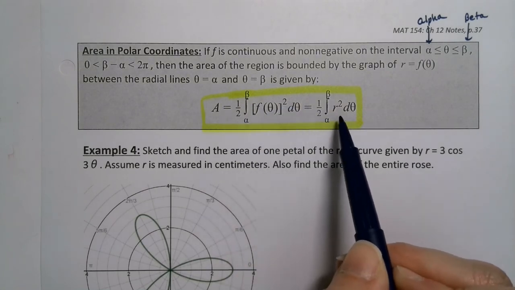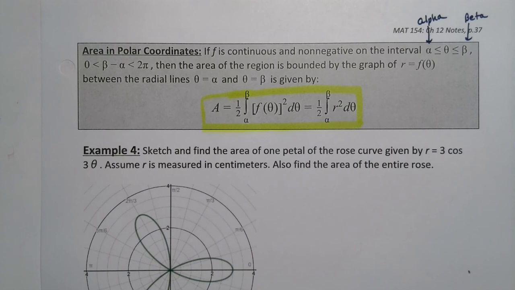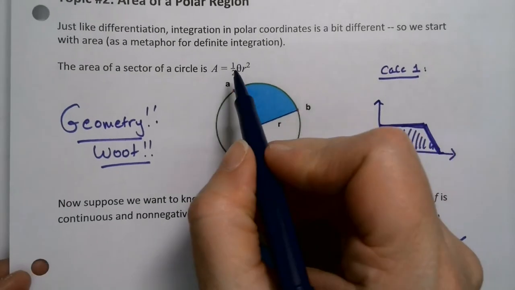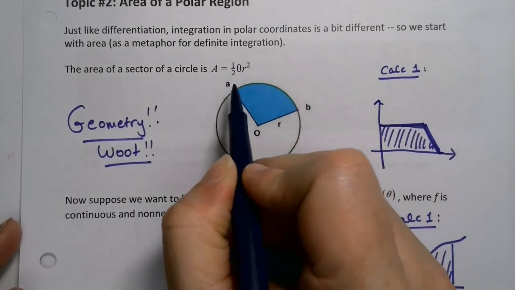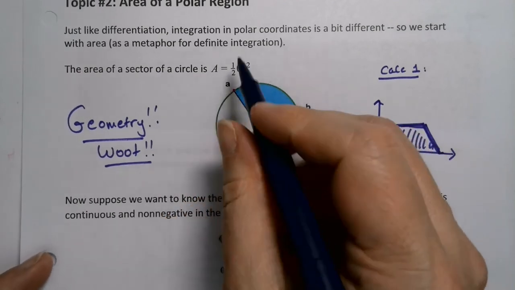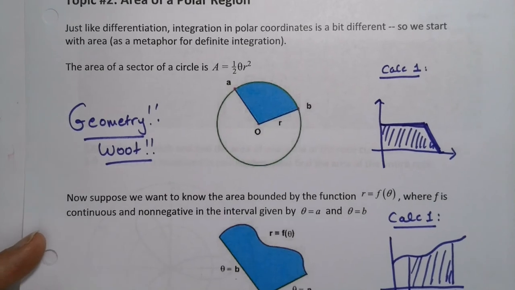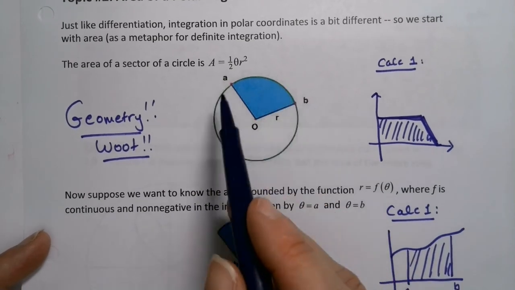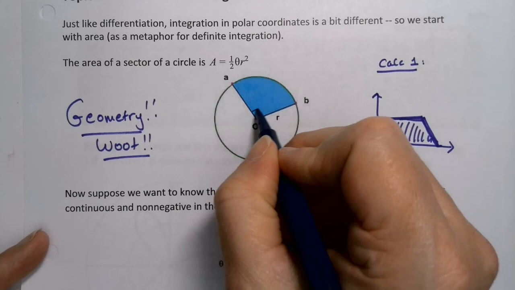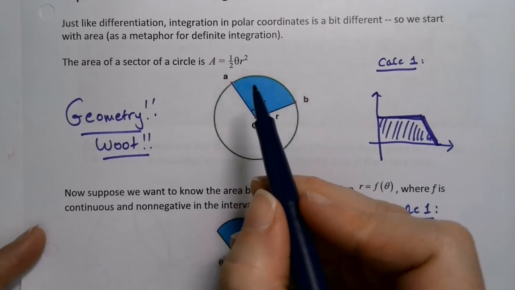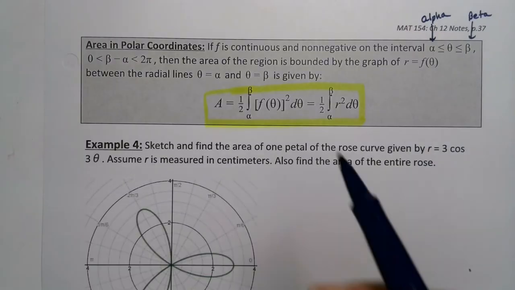It's 1/2 r squared. And the reason for that is it's the formula for the area of a sector. See? The area of a sector is 1/2 theta r squared. The area of the entire circle, of course, is pi r squared, but theta is this angle right here. So 1/2 theta r squared is how we're building these, because these are each little sectors, right?